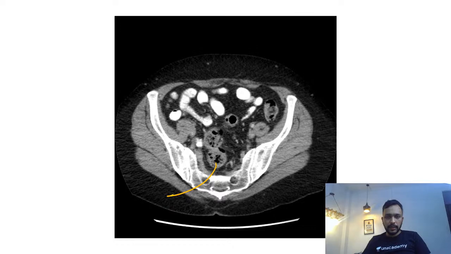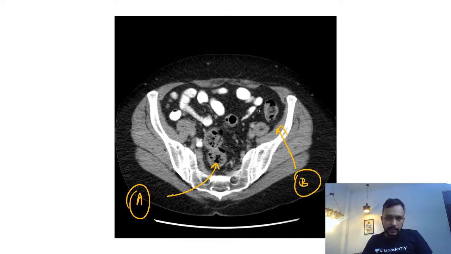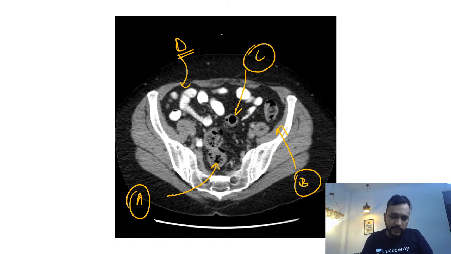So now guys, let us label the structures A, B, C and D. Let us try to label the structures that are being shown in this image.